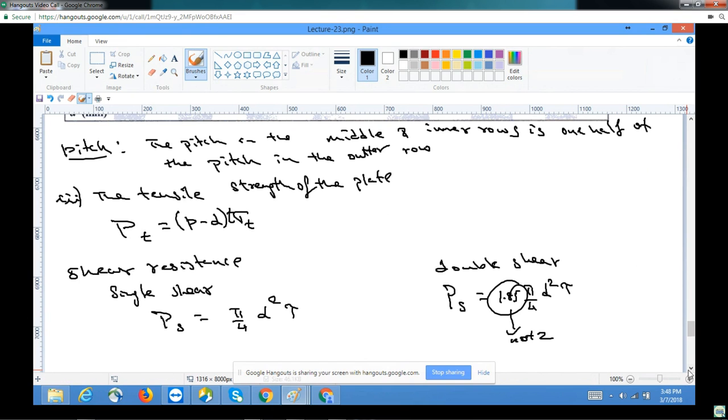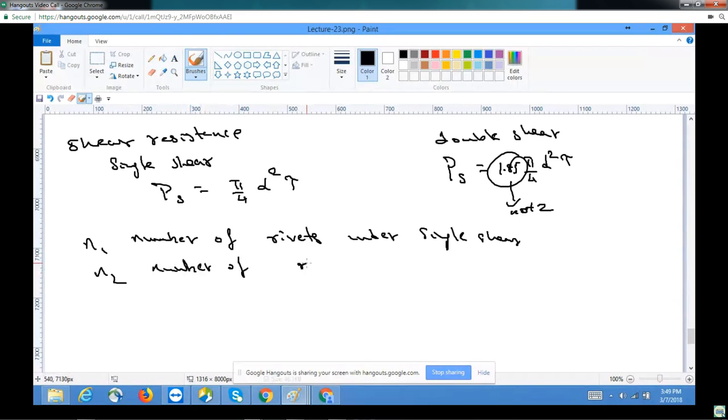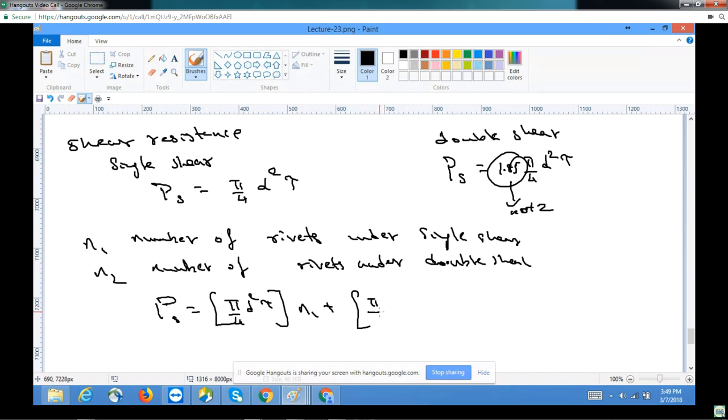So if there are a couple of mixed things, let's say generally we have n1 number of rivets under single shear and n2 number of rivets under double shear, then your total PS is equal to pi by 4 d square tau into n1 plus pi by 4 d square tau 1.85 into n2.